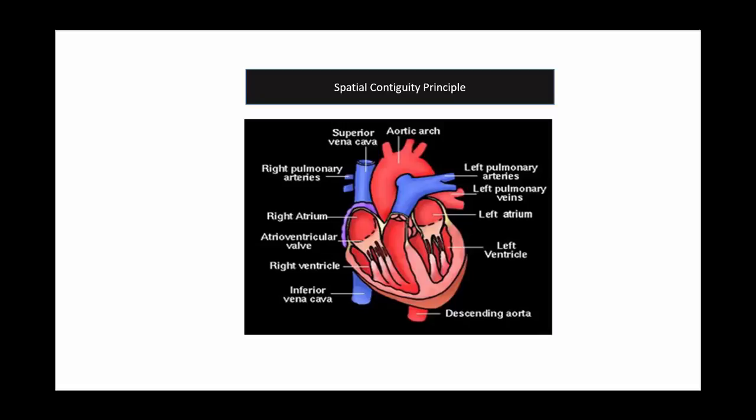In this picture all the structures are labeled next to their relevant position. So the aortic arch is labeled just next to it. It can exert extraneous load if we do not label next to the structure.